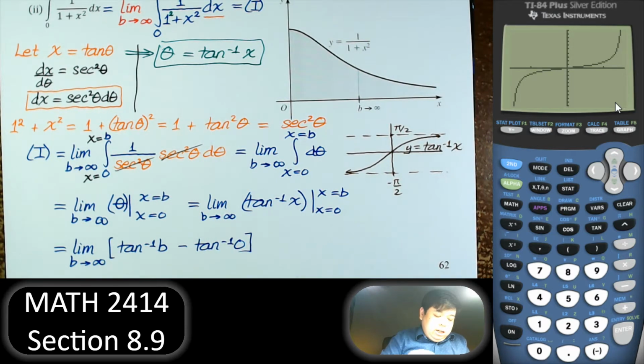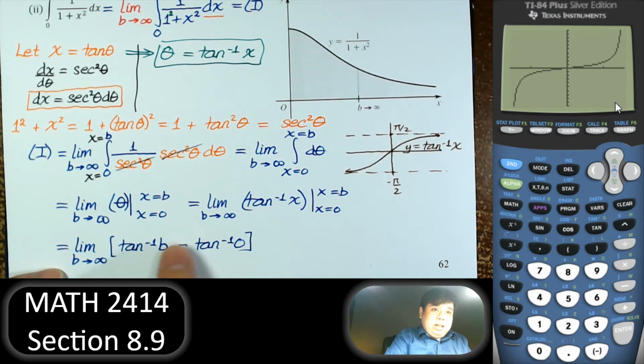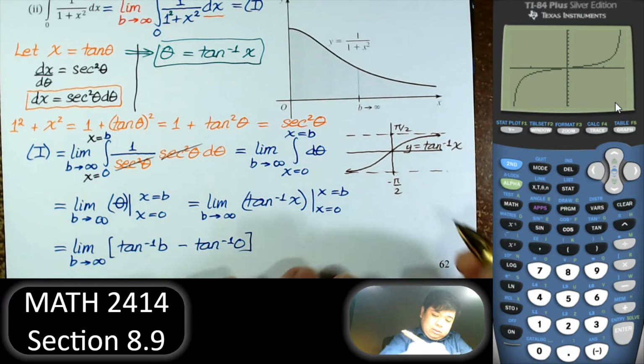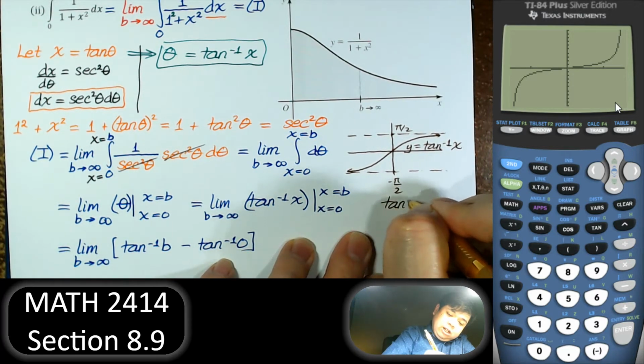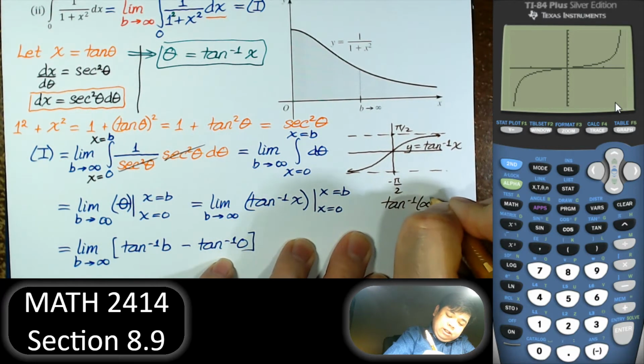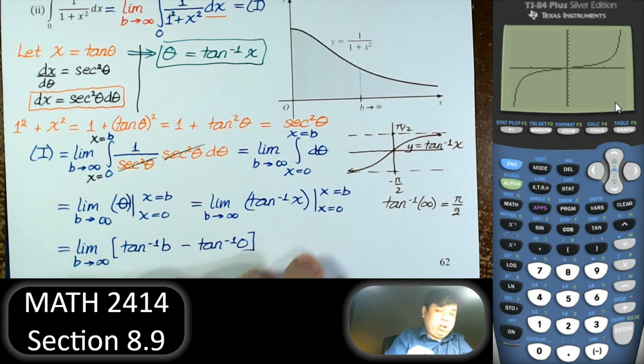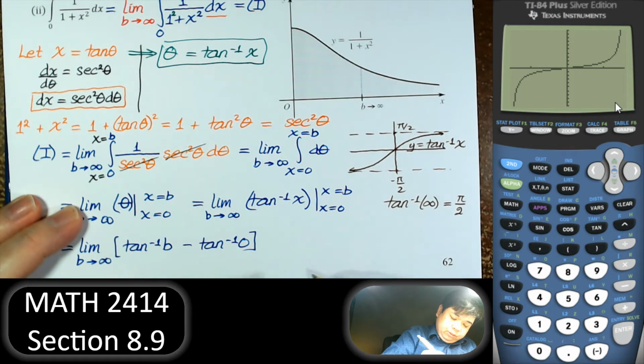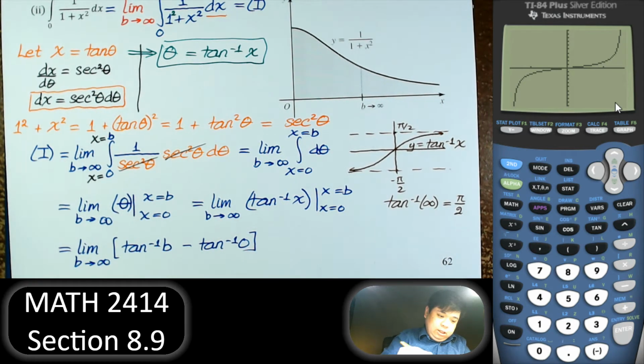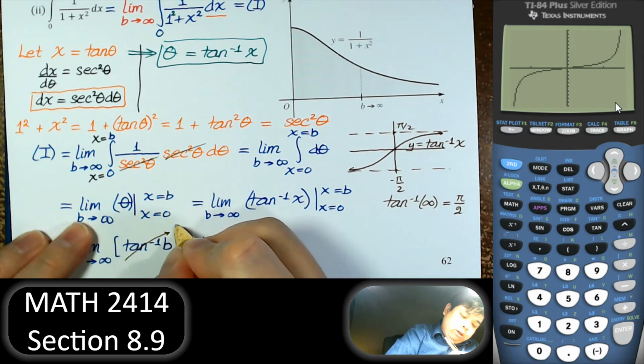Because of that, when we put infinity here, tangent inverse of infinity is pi over 2. So it goes to pi over 2. So this one goes to pi over 2.